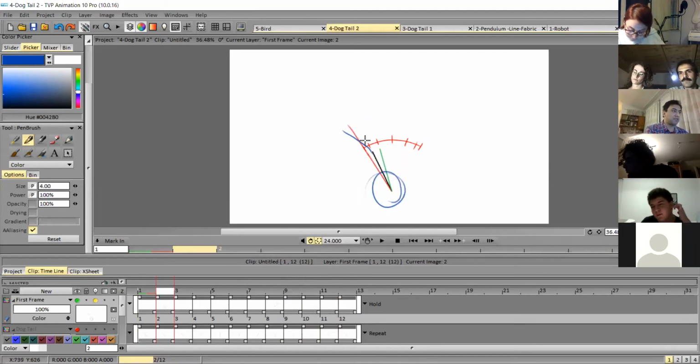An important frame: when the second part continues to move and the first part returns. If you draw this correctly, your cycle would be correct.